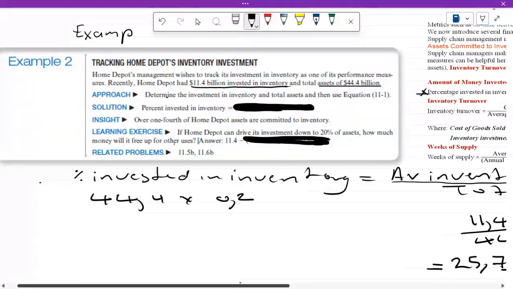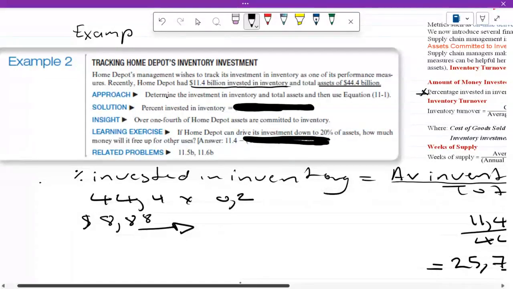Okay. So for starters, I think 44 times 20%, which you are getting 8.88 billion. Now this is just the 20% that you are taking out.